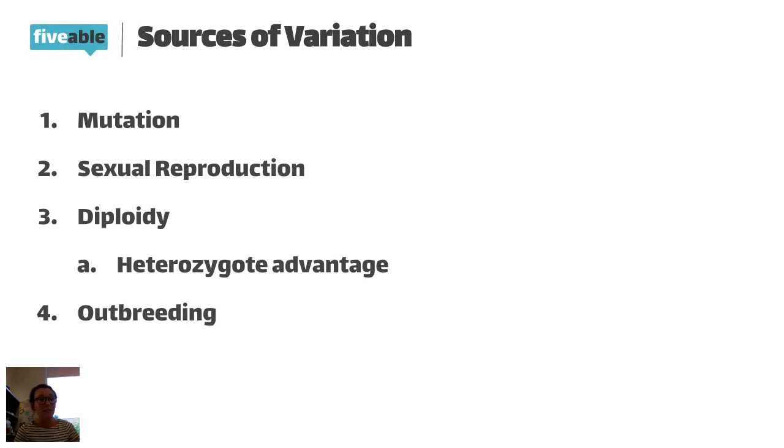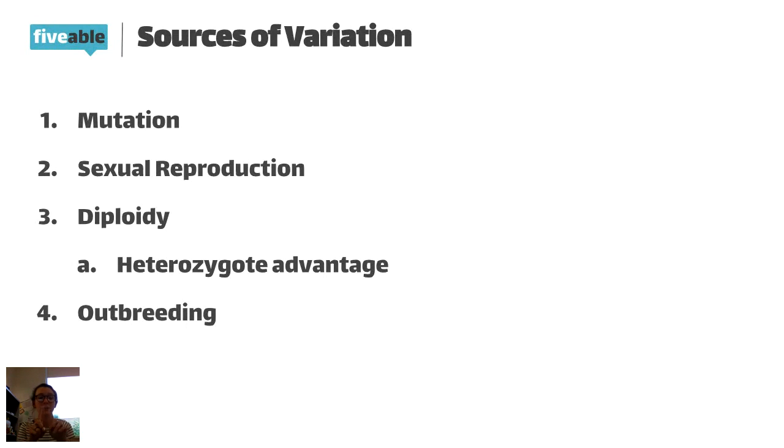Another thing that's really awesome is this idea of diploidy, meaning that we are diploids. We have two versions of every single chromosome. We have two versions of every single gene that we have, which is super important because it allows us to have this thing called heterozygote advantage. If you've taken any sort of genetics prereq or a freshman bio class, then you know that you can be homozygous dominant, homozygous recessive, or heterozygous.